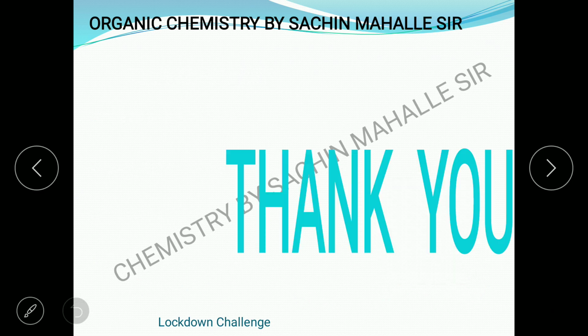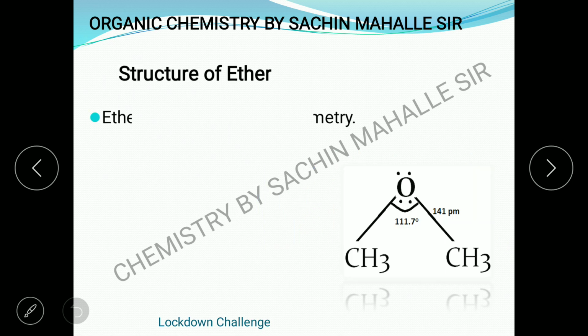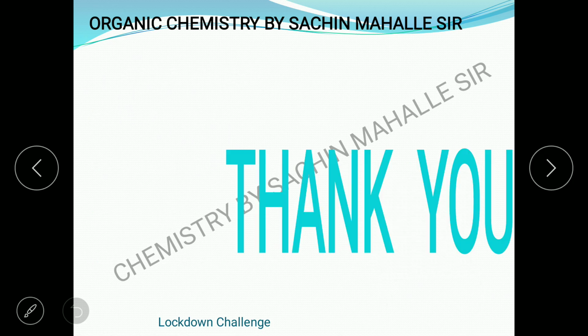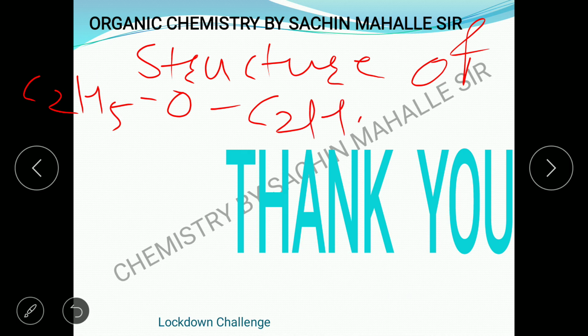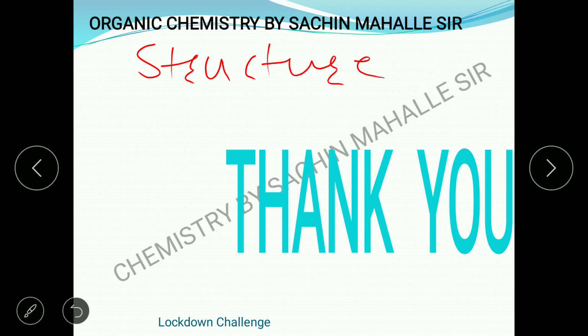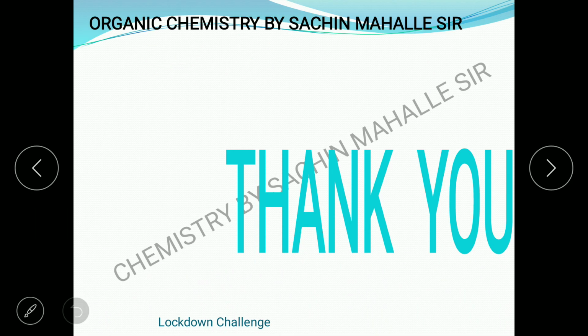You have to write here the structure of C2H5 bond O bond C2H5. What is the structure? This C2H5 and C2H5 are attached to the oxygen atom. Oxygen has two carbon atoms.